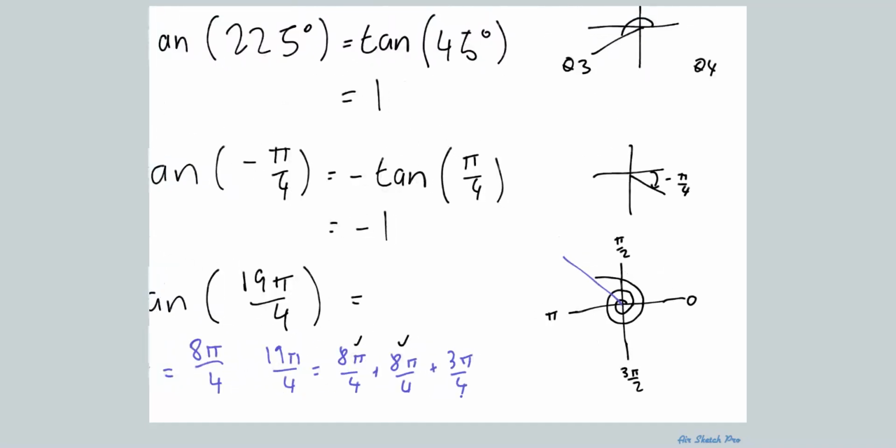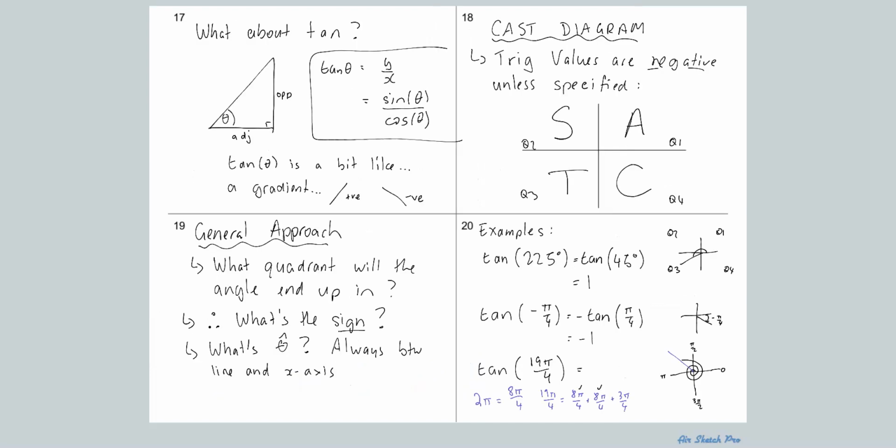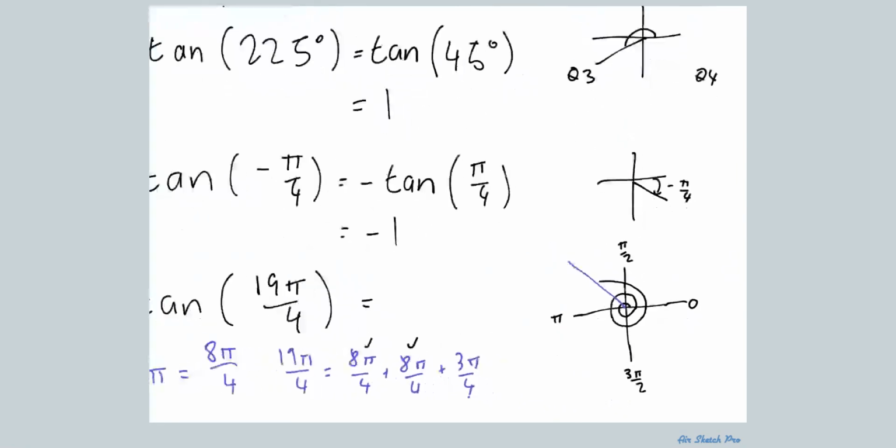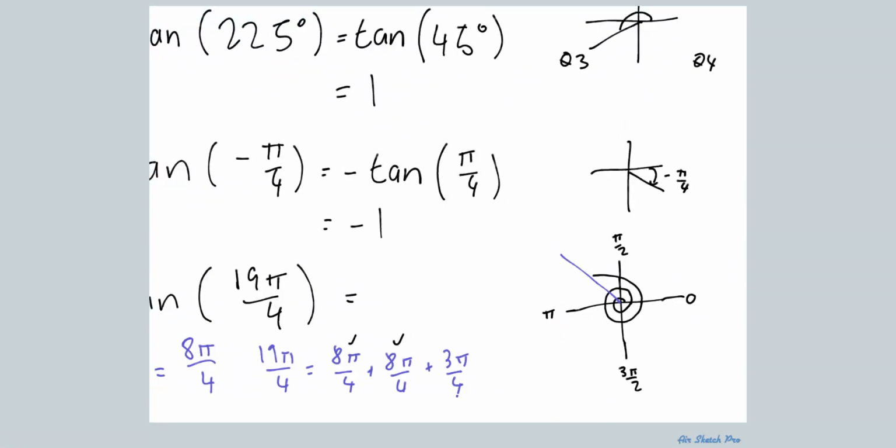So what we've done is we've got our little snail shell happening there. We've worked out that it ends up being in the second quadrant. Therefore, we know that tan is going to be positive, negative. It's only got 50-50. Negative, because it's only positive in these two. So we're going to have negative.